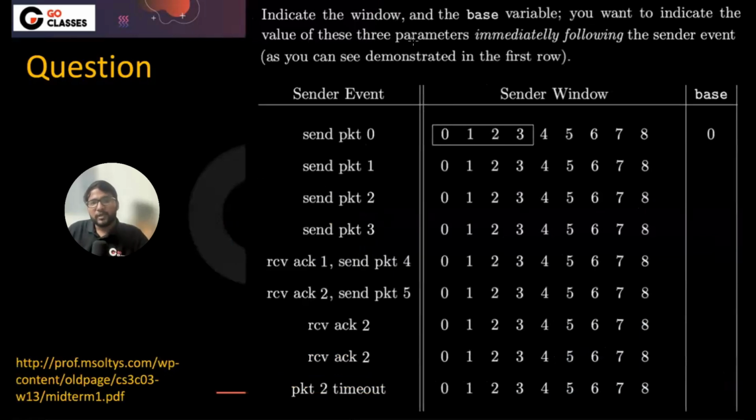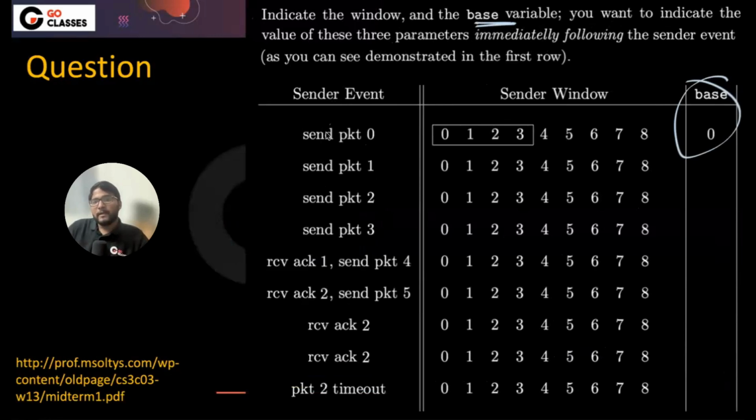Let's see this. Indicate the window and base variable. Base is the starting of the window. So you want to indicate the value of these 3 parameters immediately following the sender event.